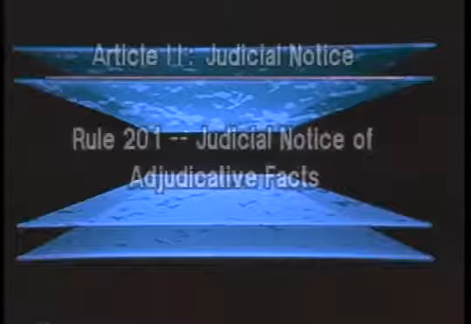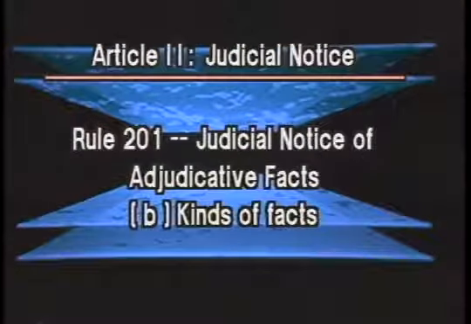Look at 201(b), because it now summarizes, in the light of what I've said, what you can take judicial notice of. A judicially noticed fact must be one not subject to reasonable dispute. That means not a legislative fact.